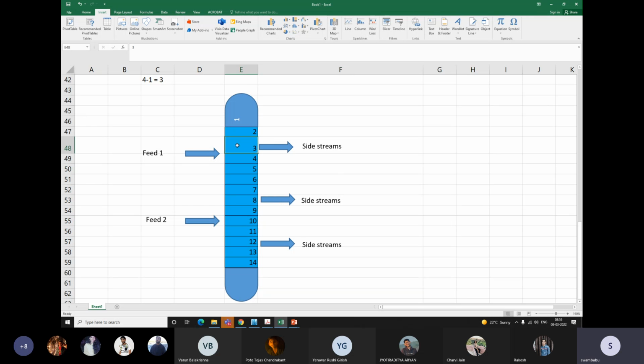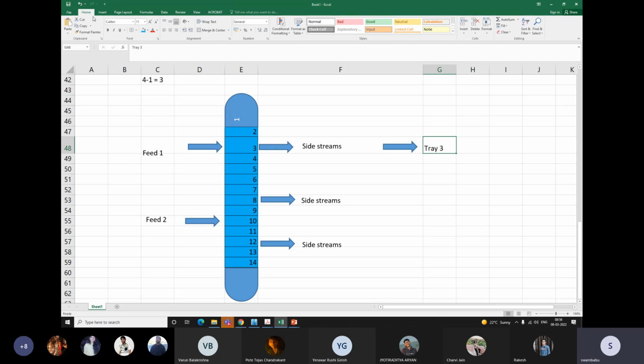Now, let's say this is one tray, tray 3, and we are giving a feed at tray 3. What will happen in tray 3? One feed stream is going into tray 3. I'm only talking about one tray here.